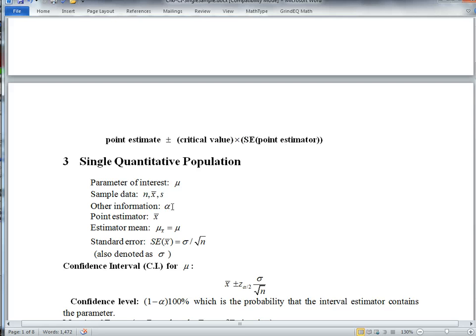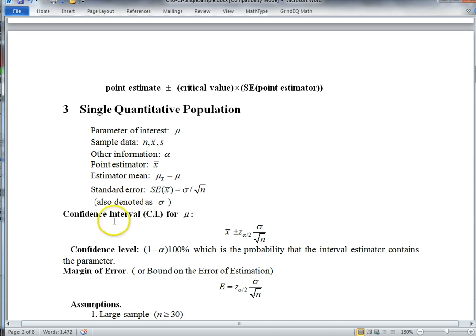Its default value is 5%, as we saw in getting those z values, but it can be 10%, or go down to 1%. So the estimate for mu is x bar, its mean is mu, so it's unbiased. It has sigma over square root of n as standard error, which means it has small variance.